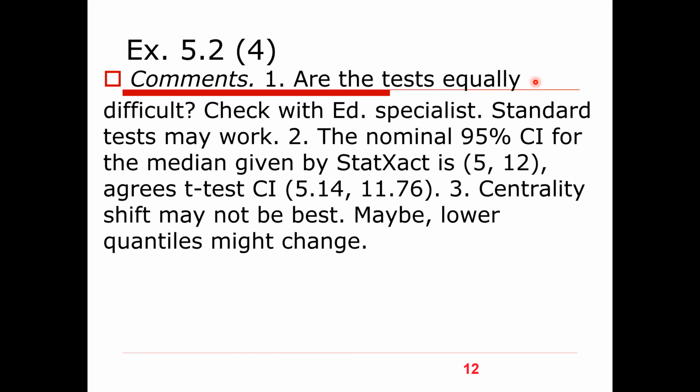So for this example, the nominal confidence interval using stat exact is very close to the asymptotic confidence interval using the t-test. And not every individual can benefit from this one extra tuition equally, because of course, if an individual's initial score is low, then he or she may benefit more from tuition than the people who already get a high score in their pre-test, right?